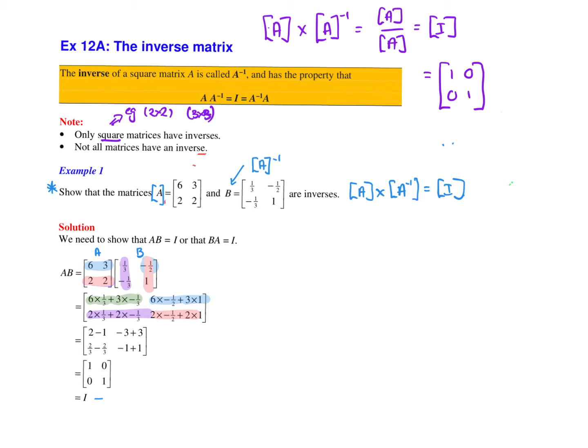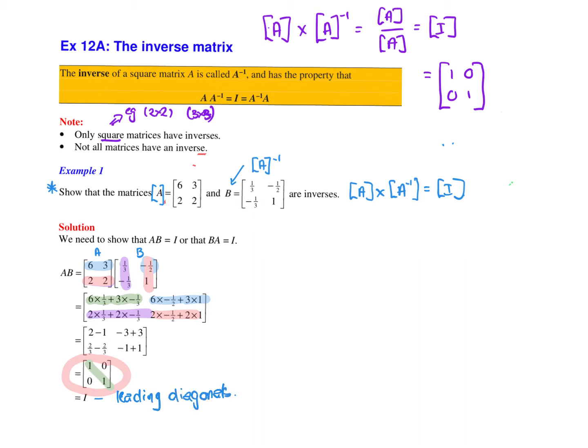When they do all those calculations, we see we've got the identity matrix, where we have 1s on the leading diagonal and 0s everywhere else.